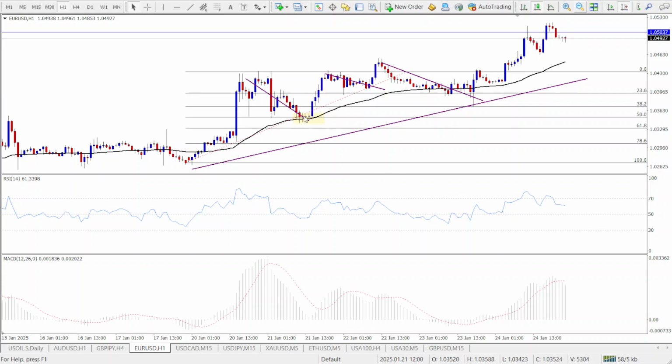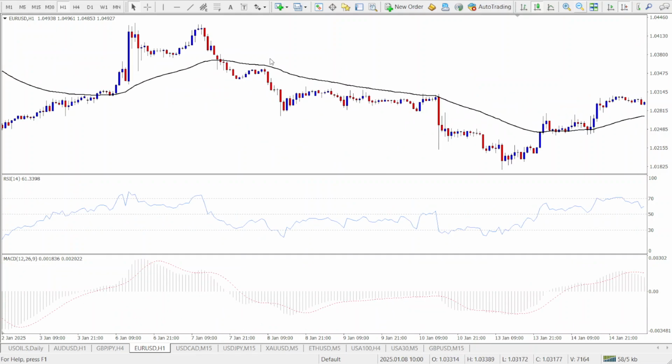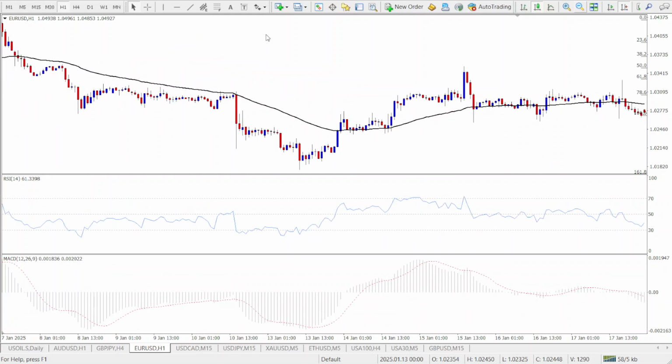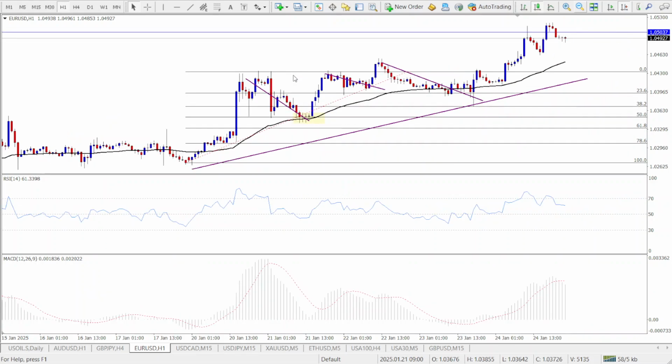For example, in this case we entered a buy, so the stop loss could be just below the retracement low. If it was a sell trade, it would be just above the retracement high. It's also important to use trailing stops to lock in profits as the market moves in your favor. Remember, the slingshot strategy is not about predicting every move perfectly. It's about stacking the odds in your favor and protecting your capital.